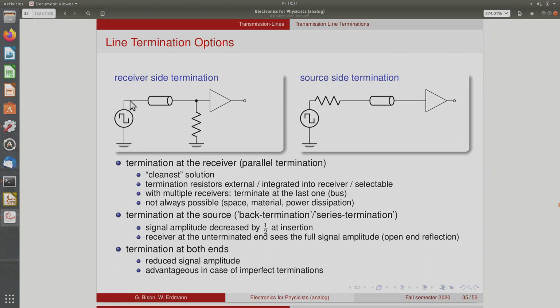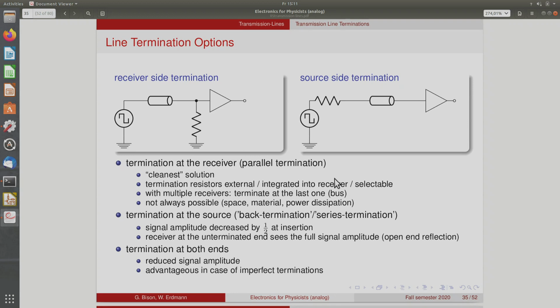So you have your signal, your cable, and at the end you put a termination resistor that connects the center of the coaxial cable, for instance, and the outer shield of the coaxial cable. So these termination resistors are either external resistors that you have to supply yourself, or they're often integrated into your receiver, or they're even selectable.